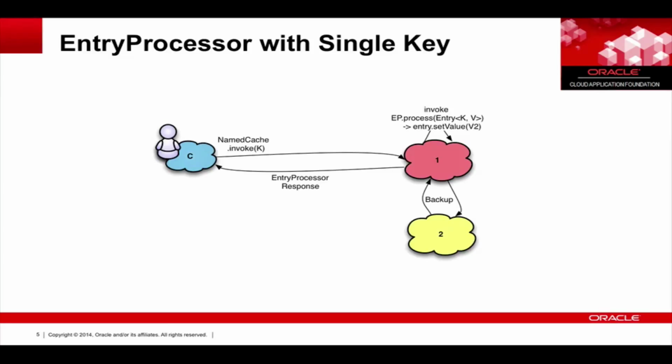And entry processors can return a value as well. When we call the process, the entry processor may mutate the value, might change value v1 to v2, which will incur a backup. So the backup gets sent, and then we send the response back. Now, throughout this whole interaction between the storage node, the backup, and initiated from the client, everything from the Coherence side is asynchronous.